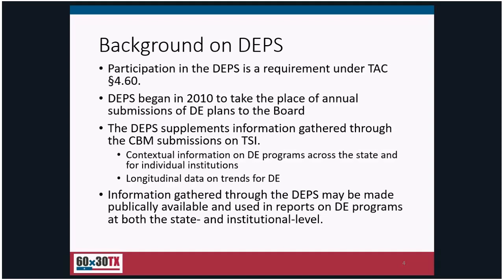And note that once we get all of the DEPS in, we will do an analysis of that information, and that report will be made public via our website. And again, it's used for the enhancement of DE programs both at the state and institutional level.